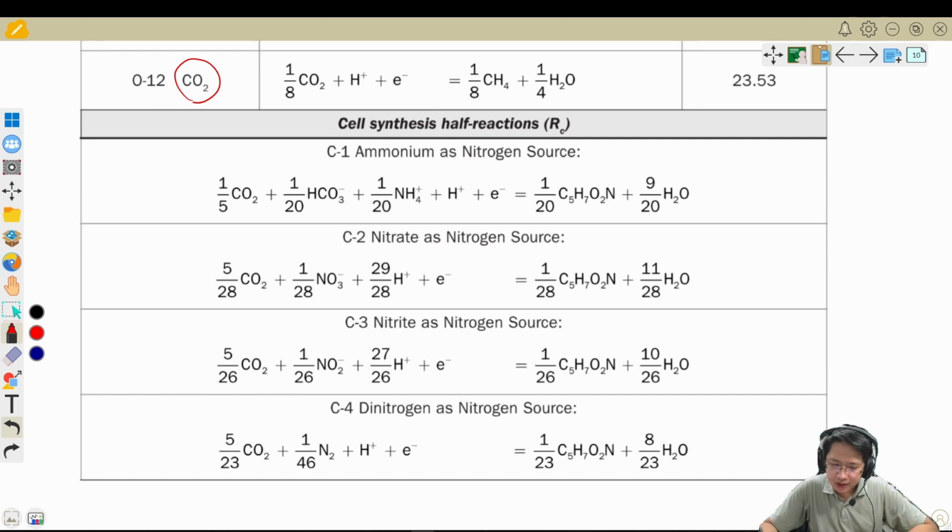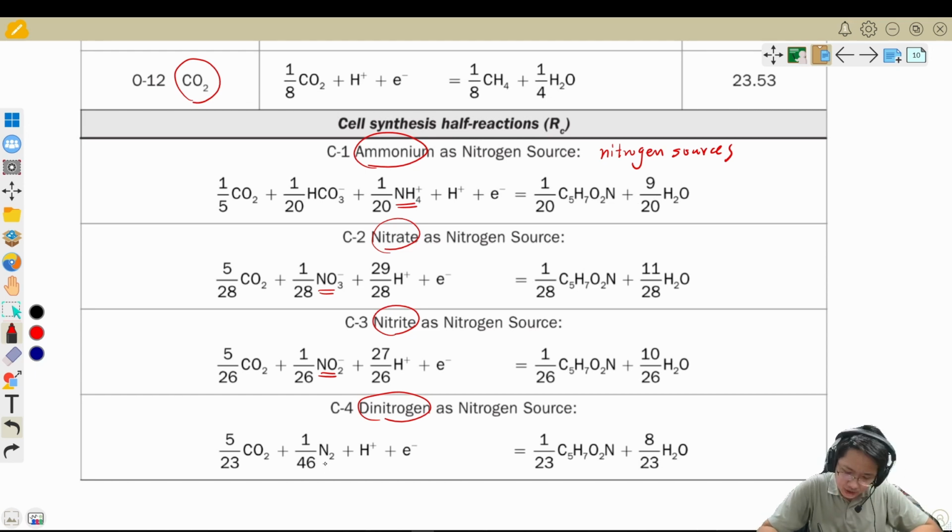And for those half reactions for cell synthesis, sometimes you will use different nitrogen sources, including ammonia, nitrate, nitrite, and also sometimes you will have to fix nitrogen from the atmospheric air. So this is N2.